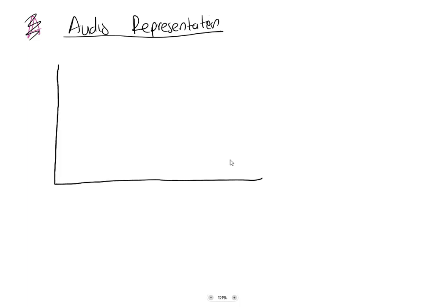So sound, as you know, comes as an analog signal, right? It travels through the air as a physical thing. So this is an example of a sound. Can you see it has an amplitude? We describe something like this as analog. So let me write it down here.